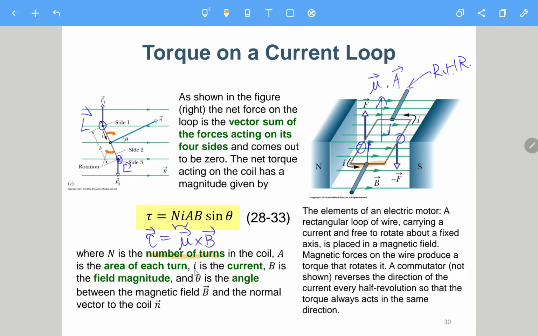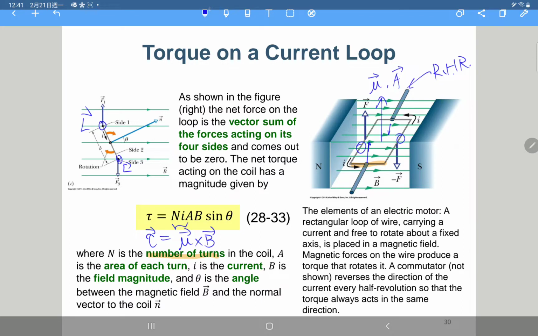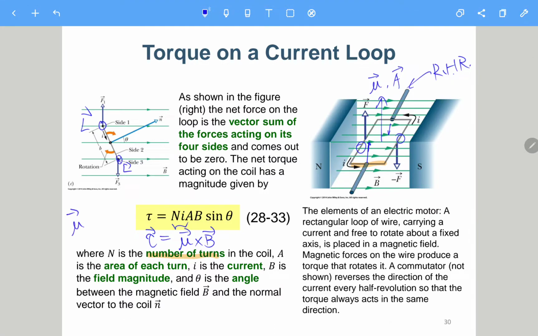Of course here we only have a number of turns, so N is the number of turns. The magnetic dipole moment mu is N times I times A, the current and the area, NIA. So we have mu cross B to be NIAB times sine theta.